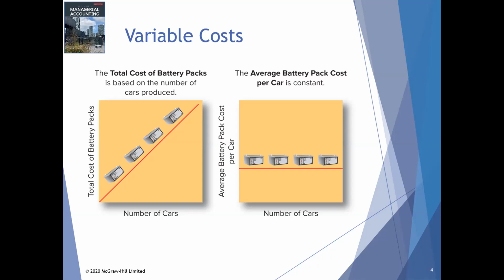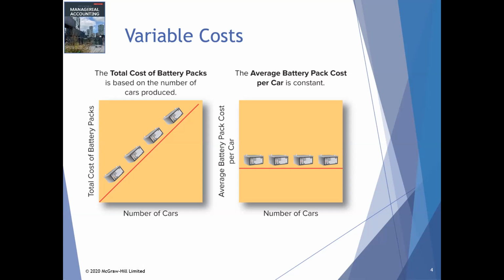Then if there are 2 cars, again $10 for the next one. So the average will remain the same. If we talk about the average, the total cost divided by the total number of cars produced will remain the same.